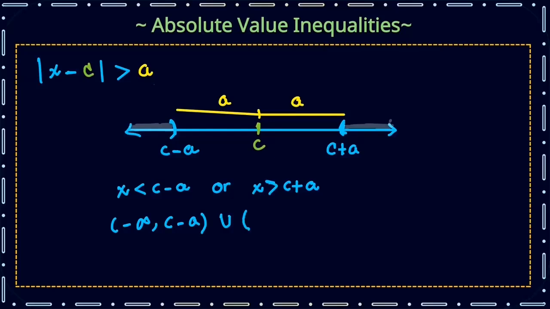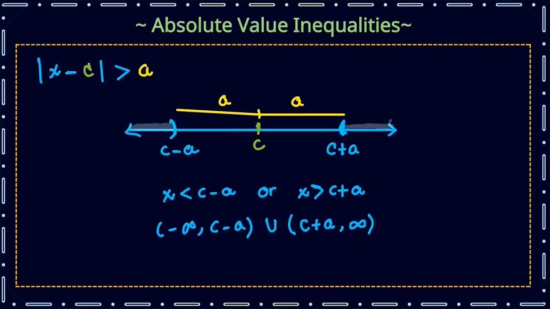Union, for this interval, we're starting at c plus a and going to infinity. So from c plus a to infinity, and you always use parentheses for infinities. And once again, keep in mind that if we have inclusion, then we replace parentheses with brackets. We include the equal sign, and for the interval form, we use brackets for the boundary points.